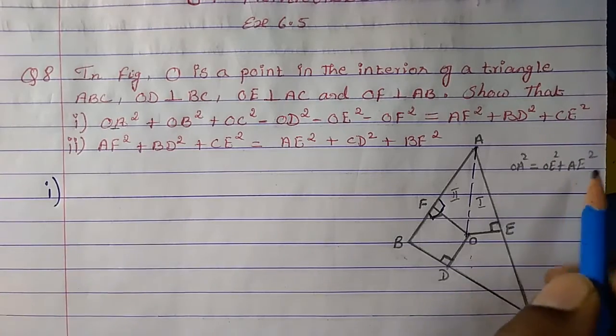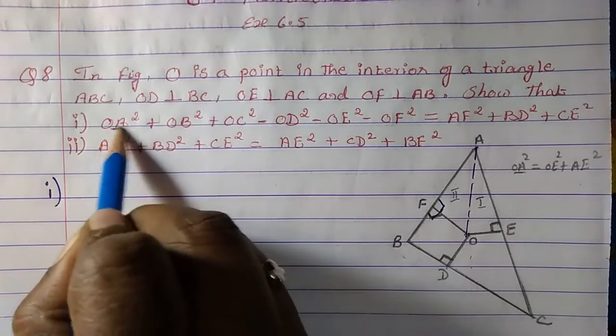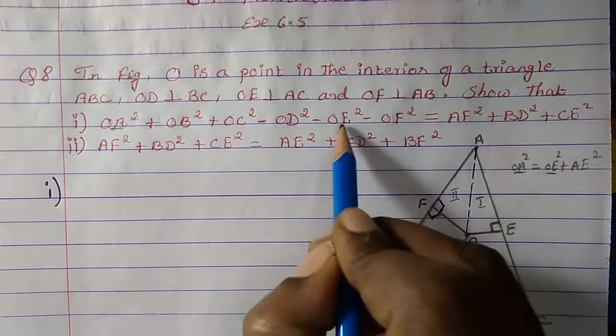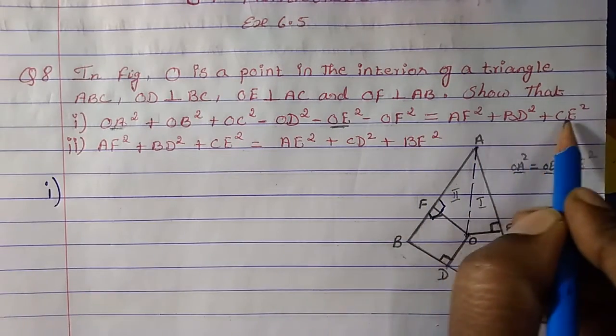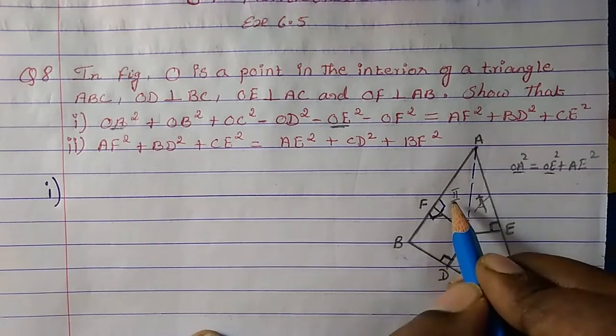So you see whether these things are there or not here. OA square is here, then OE square, is there anywhere OE? Here OE square is there. Then AE square, is AE there? Nowhere. So that means this triangle we will not take. So let's take this triangle.